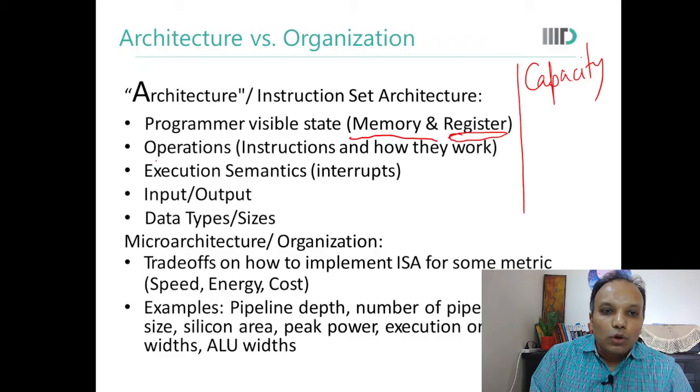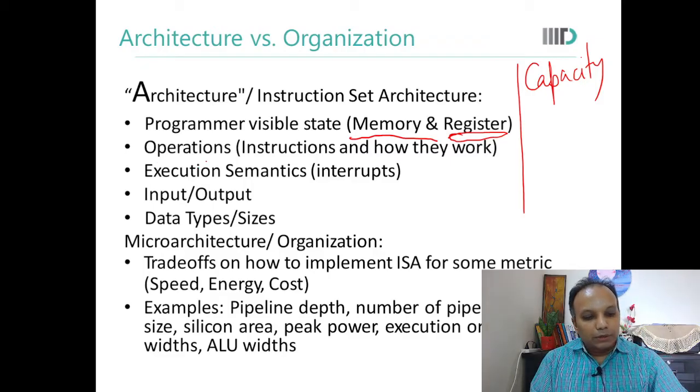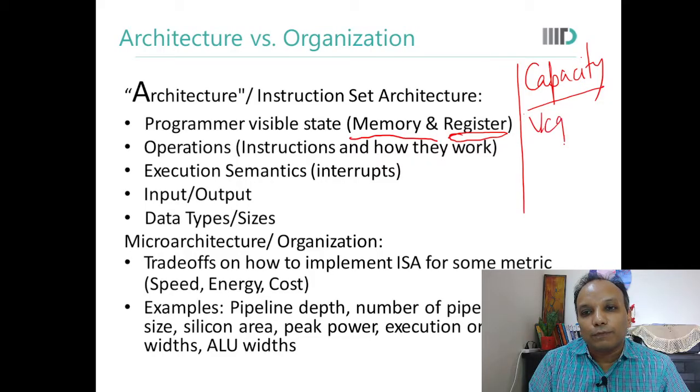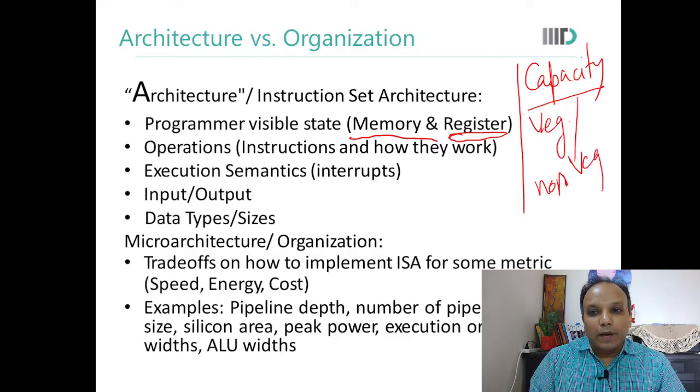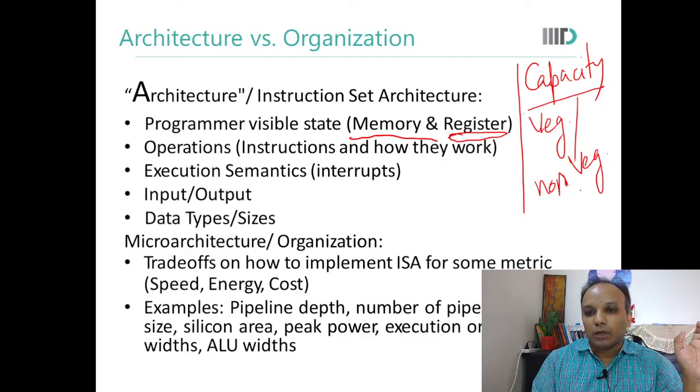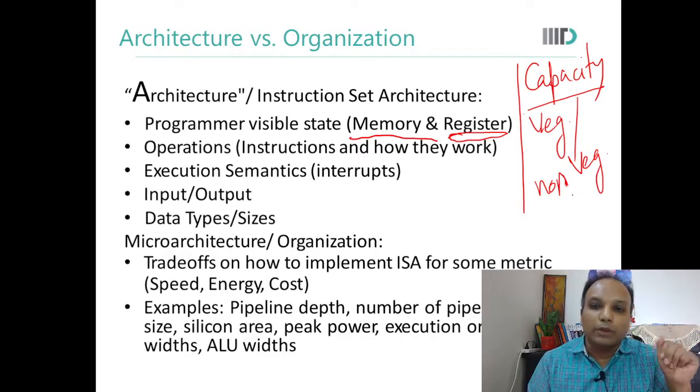The kind of operations the mess can handle. So, the mess can handle, let us say, both veg as well as non-veg kind of food. That is also defined in the ISA. The ISA will say whether this mess can handle veg as well as non-veg food.